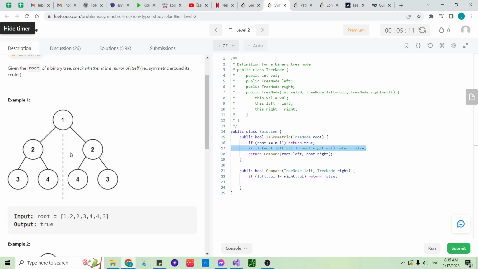If they're not the same, return false. Otherwise, we wanna go, if left is not null, or if it is null.